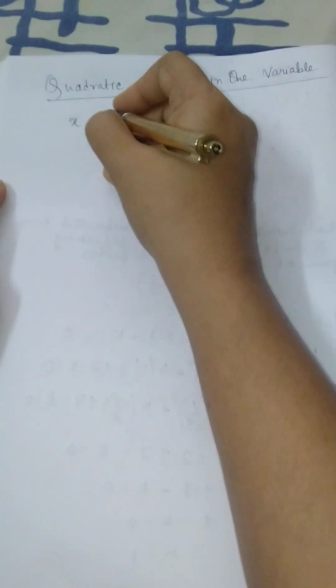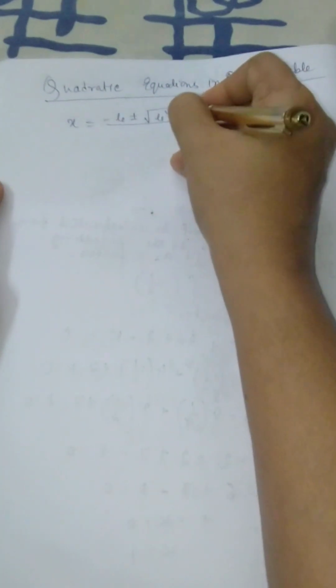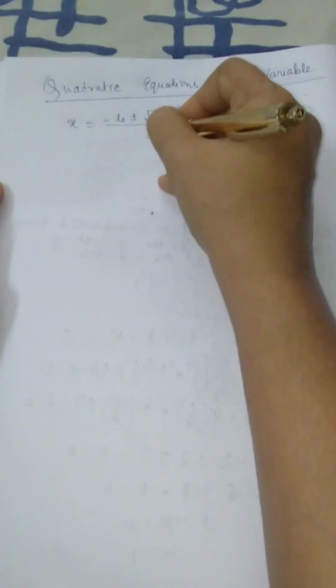Let me first write down the Sridhar Acharya formula, where x is a root and the value of x is equal to minus b plus minus root over b square minus 4ac by 2a.